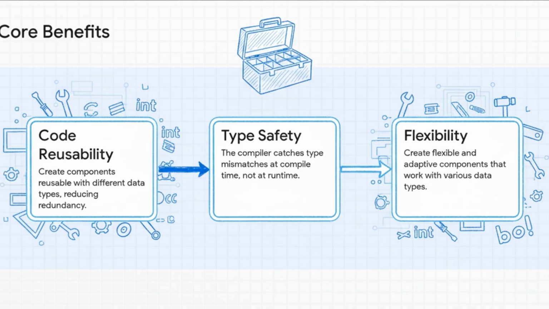That slashes redundant code. Second, type safety, and this one is a game changer. The compiler becomes your best friend, catching type mistakes before your code ever runs. This not only prevents bugs, but also gives you a nice performance boost. And third, flexibility. Your code becomes incredibly adaptive, ready to work with data types you haven't even thought of yet.